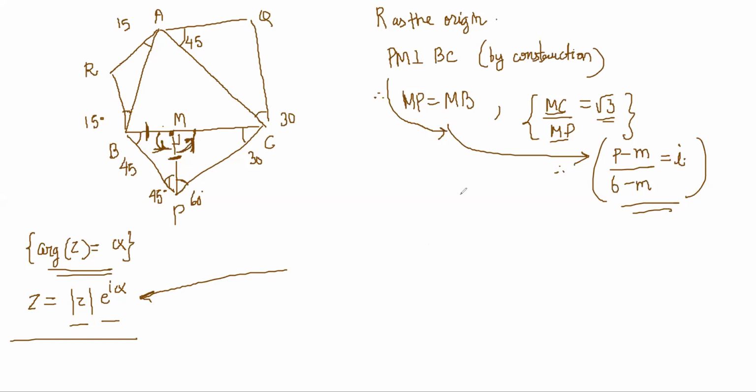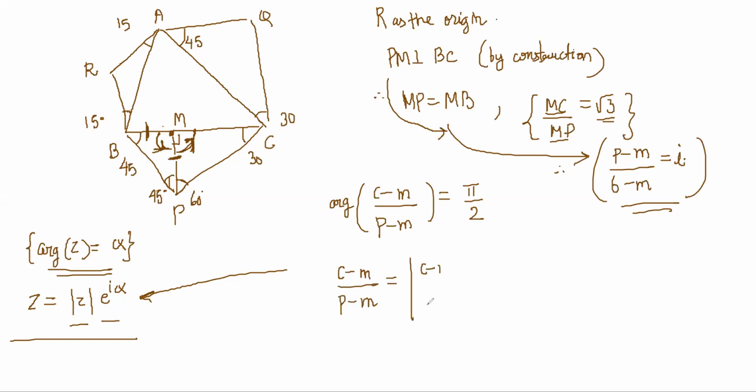So C minus M by P minus M. Argument of C minus M by P minus M must be again 90 degree, right? This angle is 90, right? So again, same logic. I will write the complex number C minus M by P minus M is equal to mod of that complex number into e to the power I pi by 2, whatever is the argument, right?